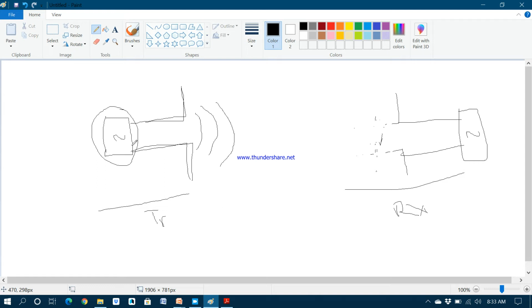So different antennas are used in different systems, in different forms. But irrespective of the type of the system and the type of antenna application, all the antennas possess some fundamental properties which are the same for all systems.